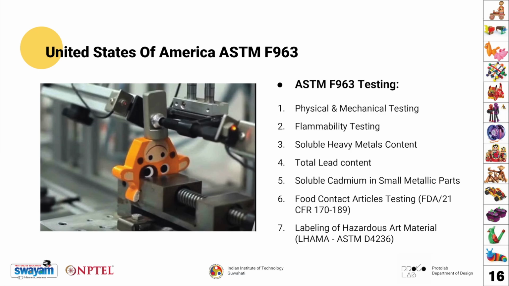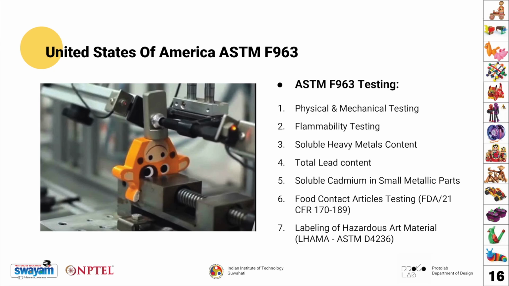Sixth, food contact article testing, specified by FDA 21 CFR 170 to 189. Toys that come into contact with food or are designed to simulate food preparation must comply with FDA food contact safety regulations.